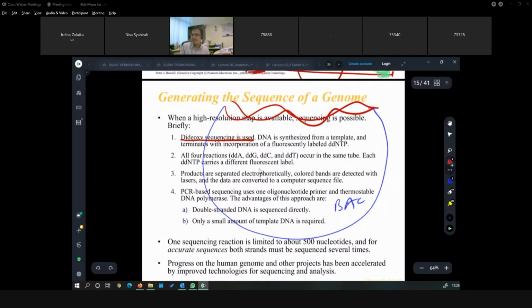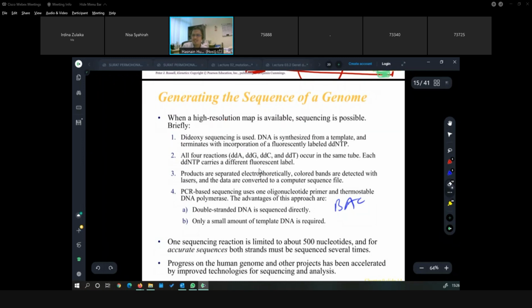DNA is synthesized from a template and terminates with the incorporation of fluorescently labeled dideoxy NTP. Dideoxy NTP. Here.